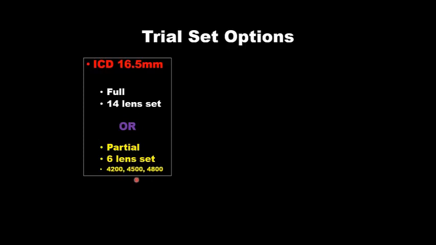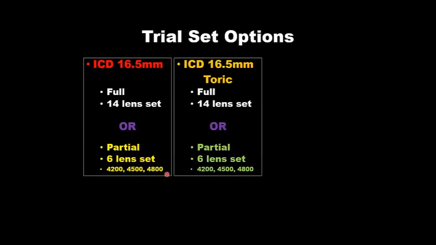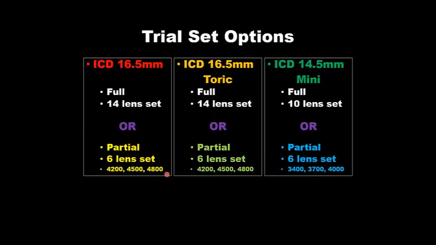So you can get that partial set for much lower price. Then of course, you can get the ICD Toric as a full set or a partial set, and then you can get the Mini, the 14.5 ICD set, as a full set or as a partial set.